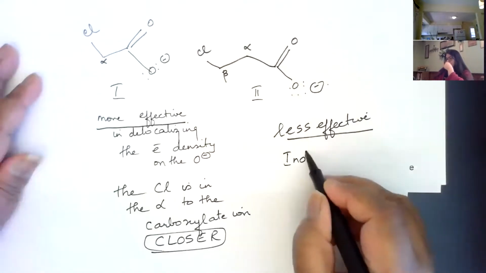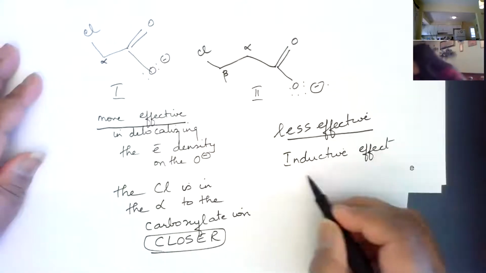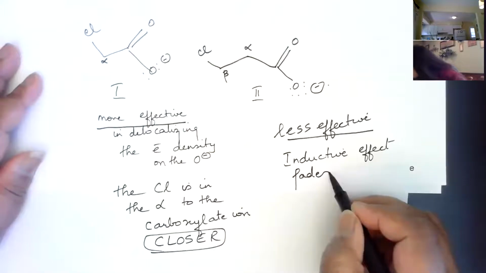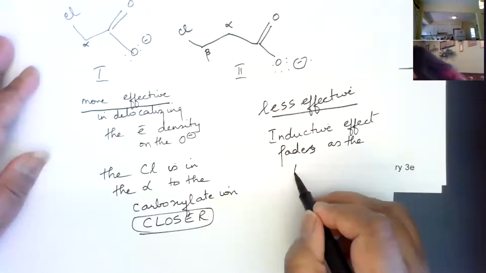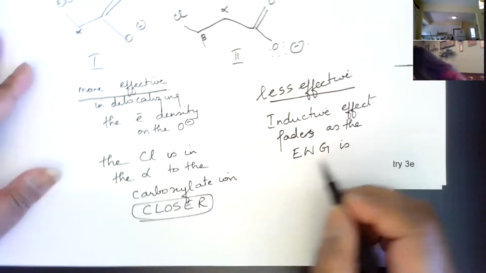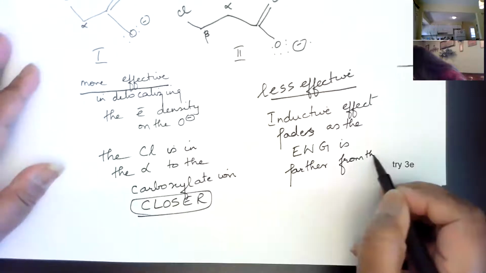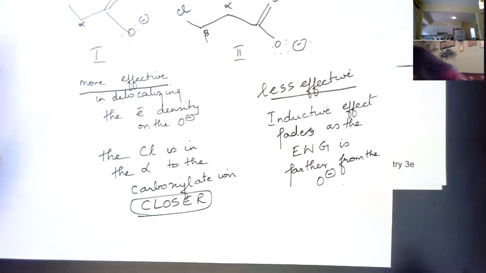Inductive effect fades as the group is farther from the O minus ion. Got it?